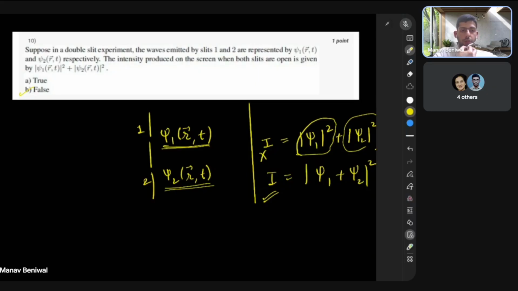Okay, just one quick note. If you are interested in this double slit experiment, there is a beautiful section in the Feynman lectures. You can refer to it for the double slit experiment of electrons, where he discusses in detail what happens when you put a detector in front of one slit or the second slit, and how your interference pattern changes just by detection.